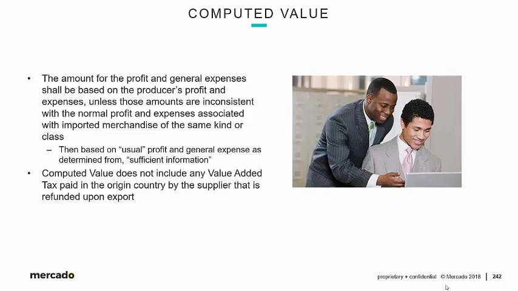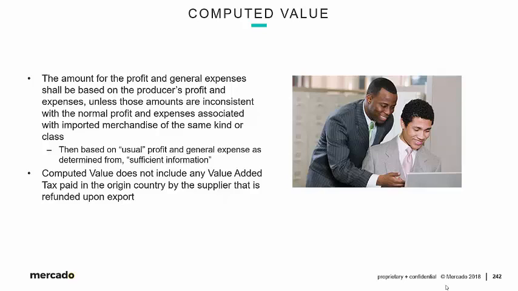Last slide in this section. The amount for the profit and general expenses shall be based on the producer's profit and expenses. We said that already. Unless those amounts are inconsistent with the normal profit and expenses associated with imported merchandise of the same kind or class. Not too high, not too low. Goldilocks syndrome, where the porridge is just right.